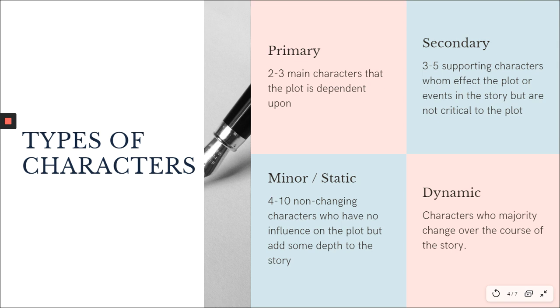Now, these are characters that aren't as essential to the plot, but the story still does depend on them because they influence your primary characters in some way. And so these are really your supporting characters. And again, a general rule, I say about 3 to 5 of these for a story, especially for beginners just starting out.